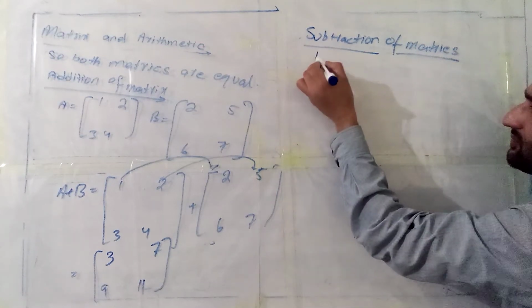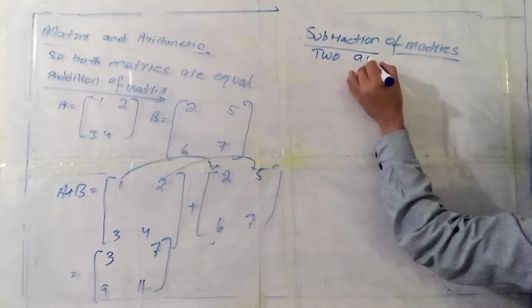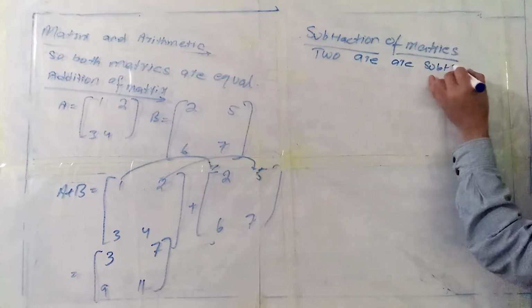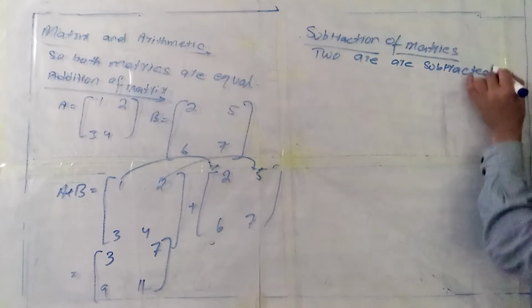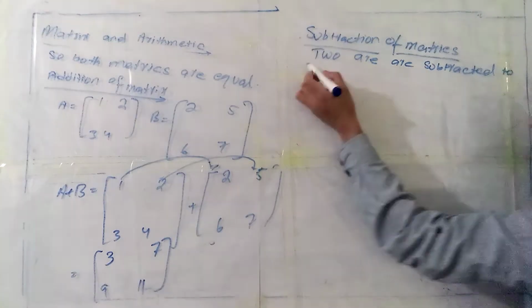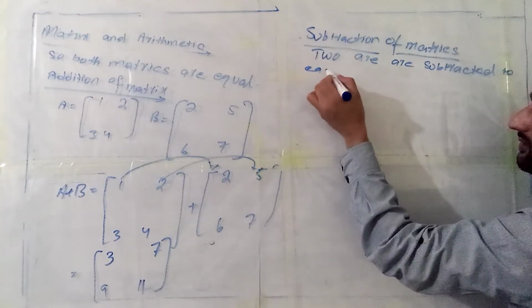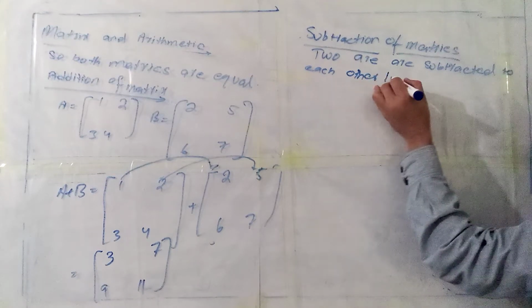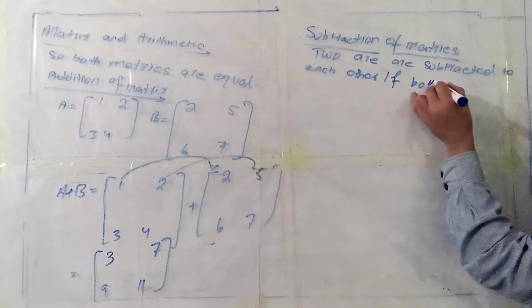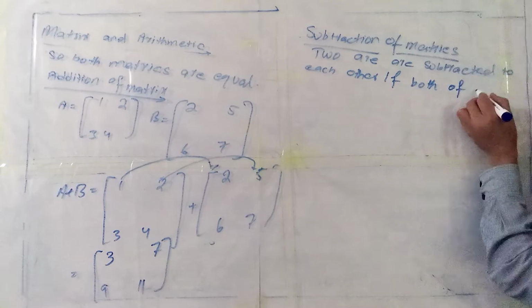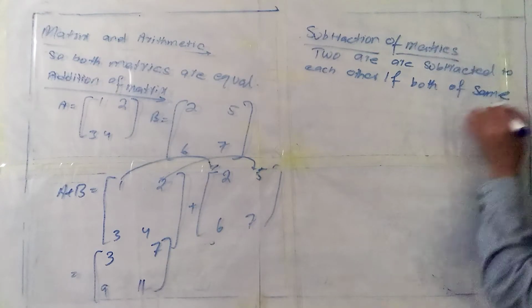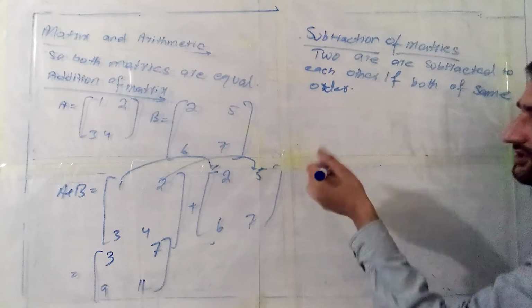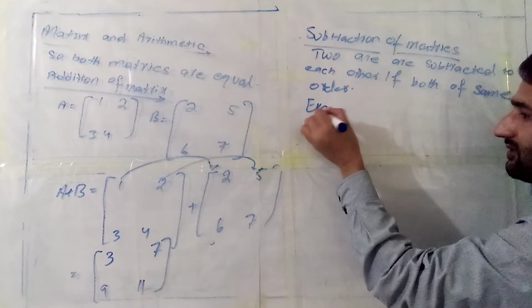Two matrices can be subtracted from each other if both are of the same order.